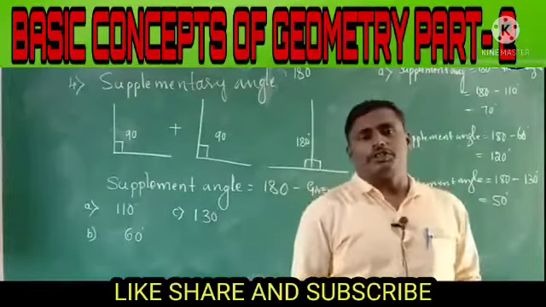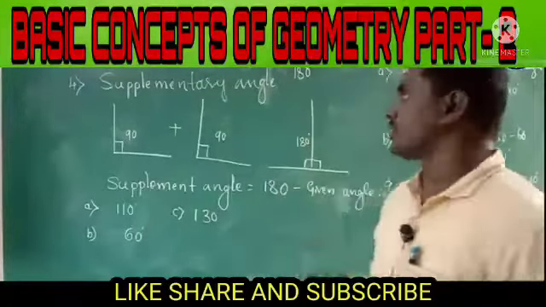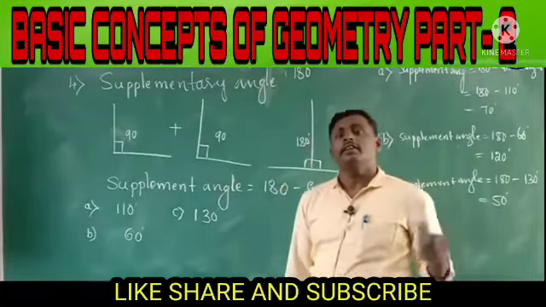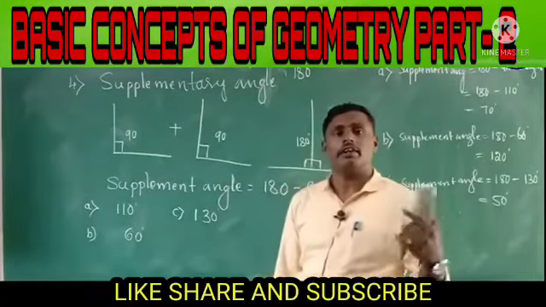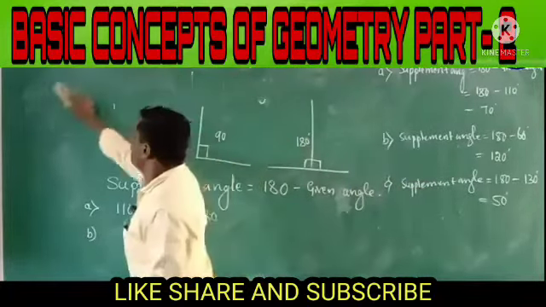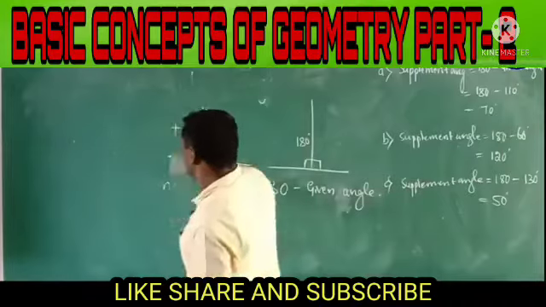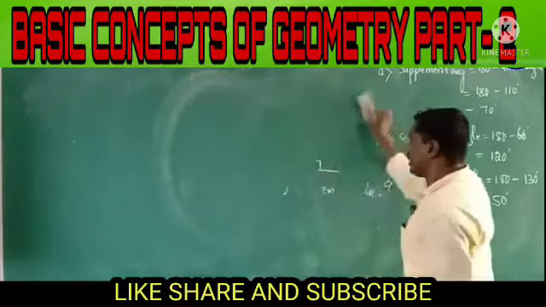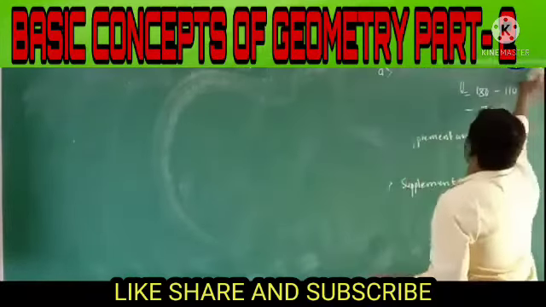One more type of questions are there in ratios, as we already discussed in the complementary angles. So supplementary angles are also given in ratios. For example, if supplementary angles are in the ratio of 2:3, then find each individual angle.